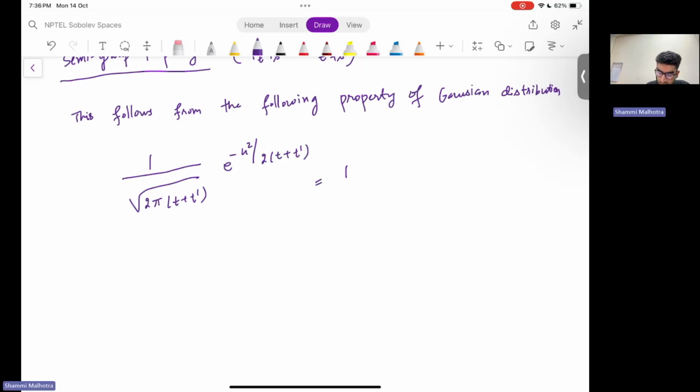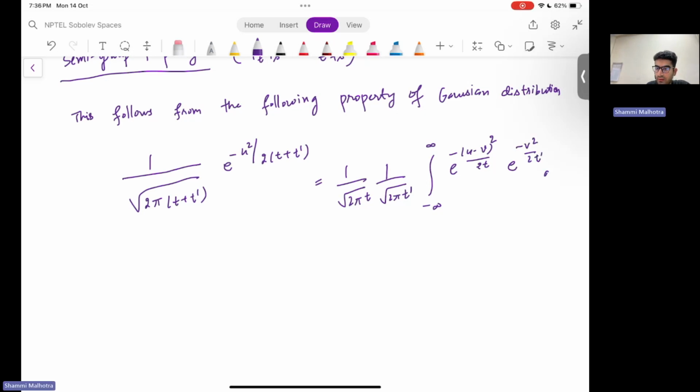This is nothing but 1 upon root 2 pi t, 1 upon root 2 pi t dash, the integral from minus infinity to infinity of e raised to the power of minus (u minus v) whole squared divided by 2t, times e raised to the power of minus v squared over 2t dash.